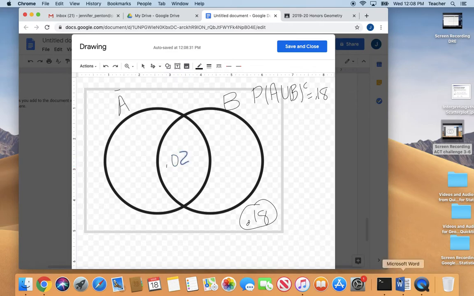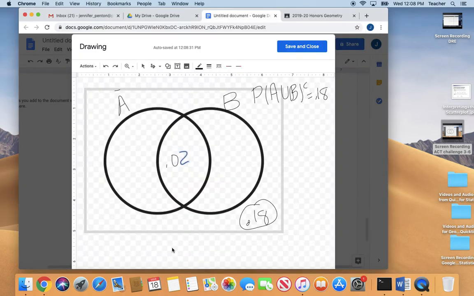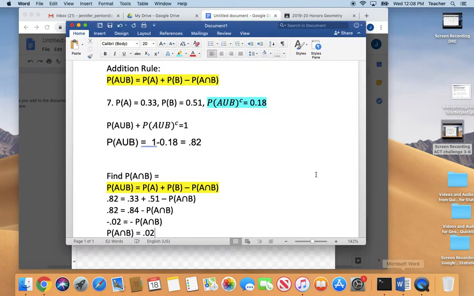And if you go back, they told me probability of A was 0.33. So remember from the last video, 0.33 means everything in this circle has to be 0.33. So this part would be 0.31. And again, it told me the probability of B is 0.51.